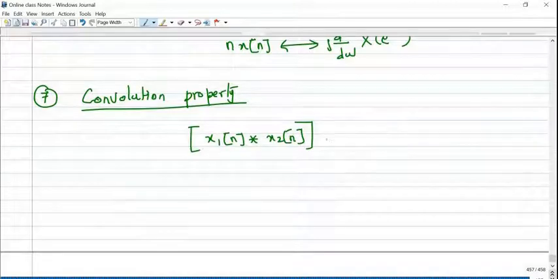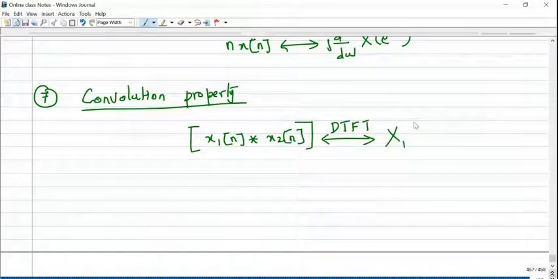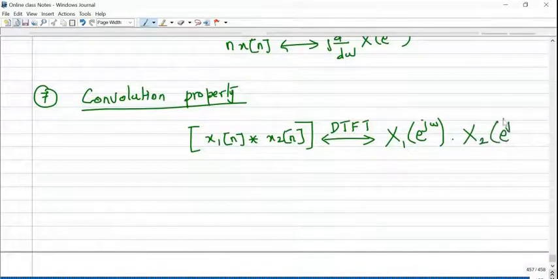If we find the DTFT of this signal, the result will be equal to multiplication of their individual DTFTs: X1 of e power j omega multiplied with X2 of e power j omega. This is the result. Convolution in time domain, multiplication in frequency domain.